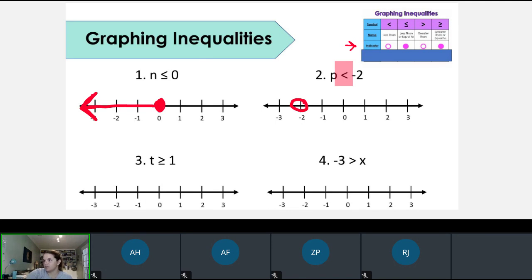If I plug in the number -2 and say -2 is less than -2, that is not a true statement. -2 is equal to -2, but it's not less than. So I'm going to leave that circle open. And now I want to shade all of the numbers for p that would be less than -2. So again, I'm going to shade to the left.